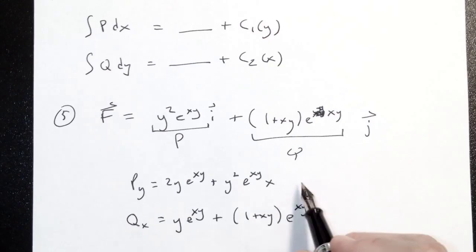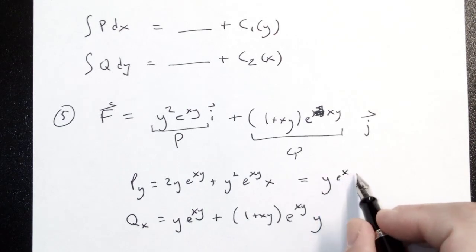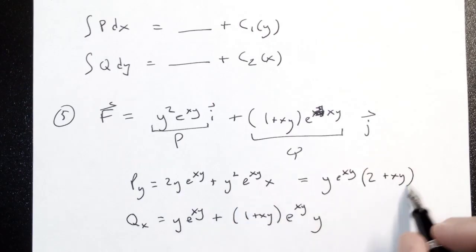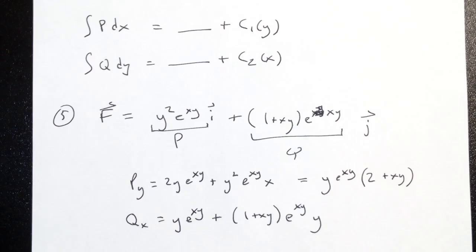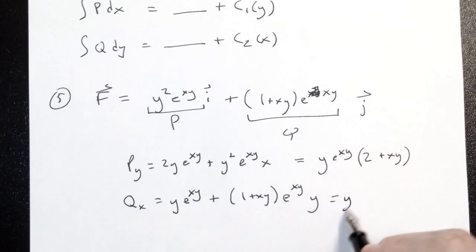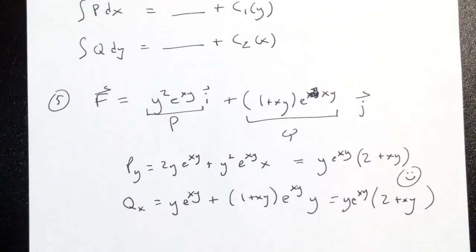But if I factor out an e to the xy and a y, y e to the xy comes out, that leaves 2 plus xy. Down here, I have a y and an e to the xy. If I factor that out, what am I left with? I'm left with 1 plus xy plus another 1. That's 2 plus xy. This is conservative.